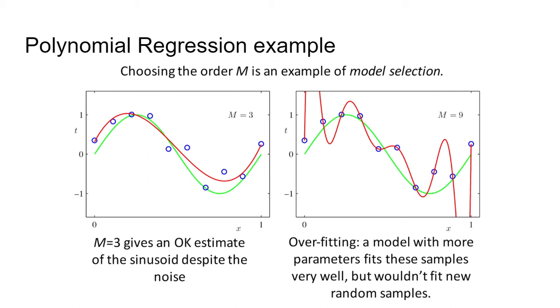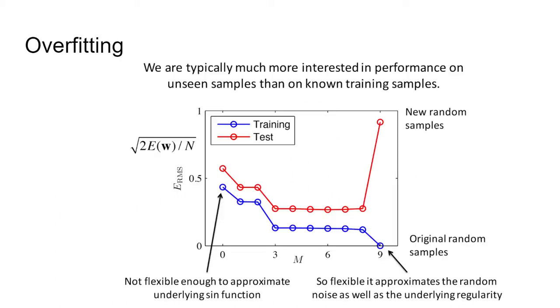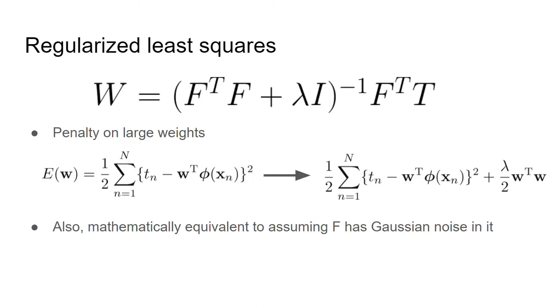Instead of finding the best fitting weights, the weights that fit best to these dots, let's also add in the assumption, oh, and my weights aren't all that big. Okay? So that's going to mean it's going to do a less good job of hitting those dots because we're adding in an extra constraint. But if that assumption is true, if the weights aren't supposed to be ridiculously huge, then we should do a better job of generalizing.